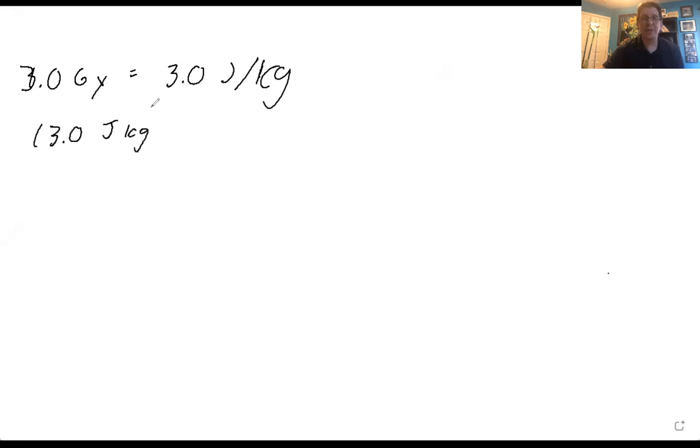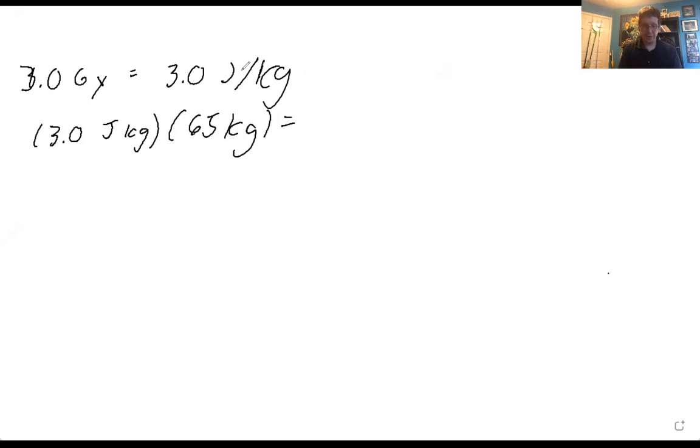We're told it's a 3.0 gray dose. And so 3.0 Gy is equal to 3.0 joules per kilogram. Then 3.0 joules per kilogram multiplied by 65 kilograms tells you how many joules of radiation the person has been exposed to.